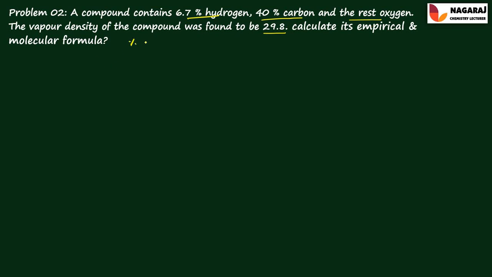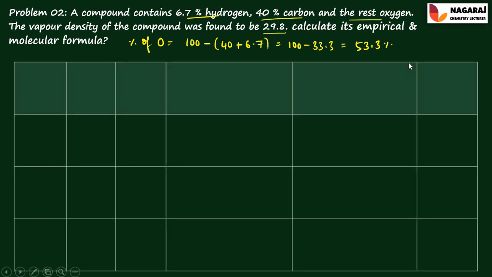So percentage of oxygen is equal to 100 minus the percentage of carbon, that is 40, plus the percentage of hydrogen, 6.7, that is equal to 53.3%. Right? Let us see the first one, that is element.